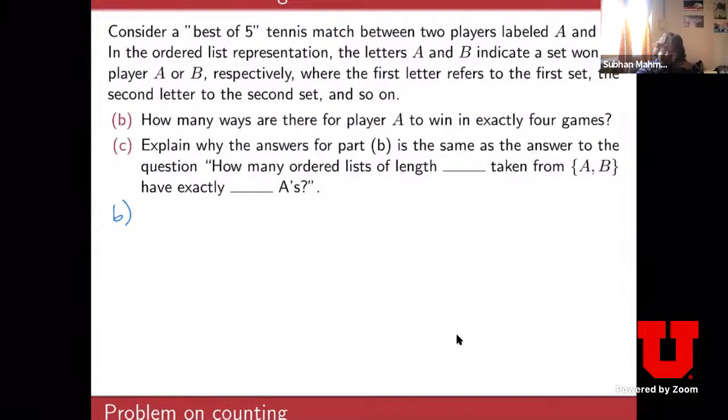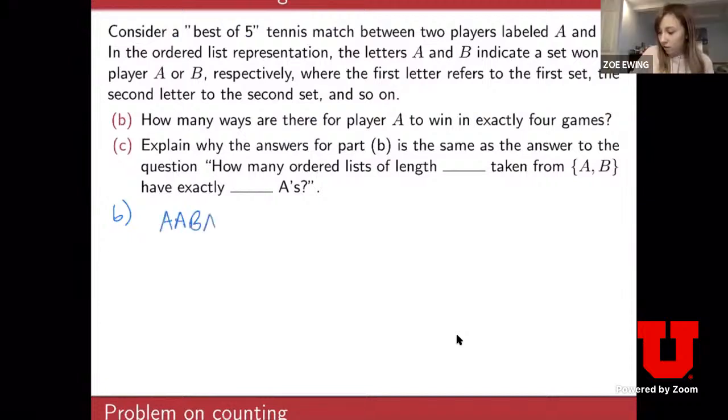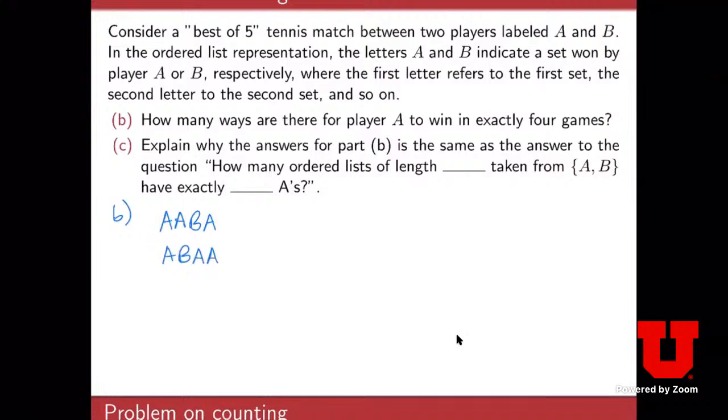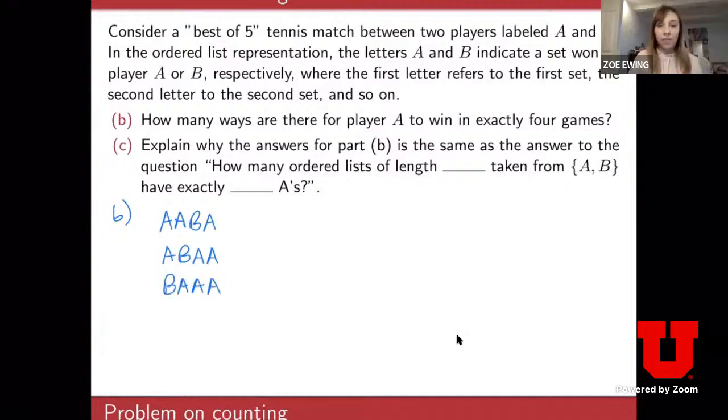AABA. Okay. Anybody else? ABAA. Mhm. A, B, A, A. Or BAAA. Yes. Okay, and that's actually all of them. So there are 3.